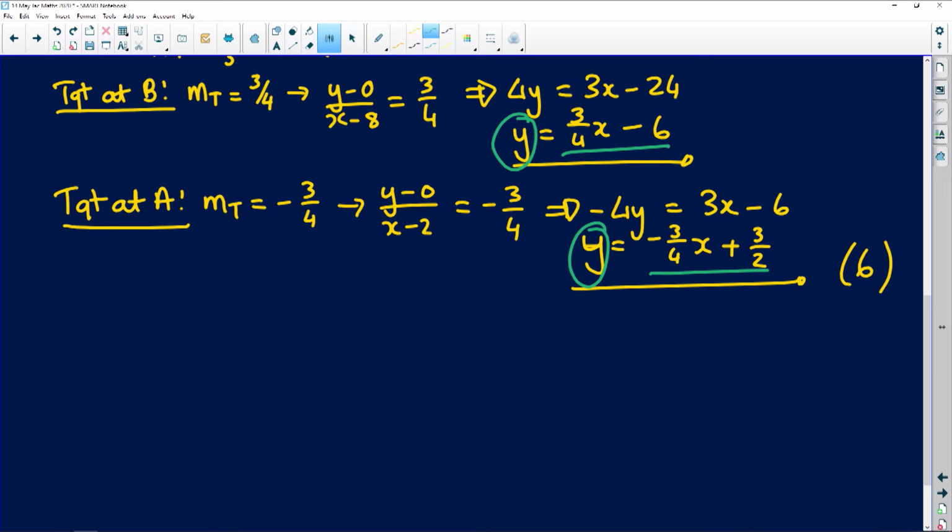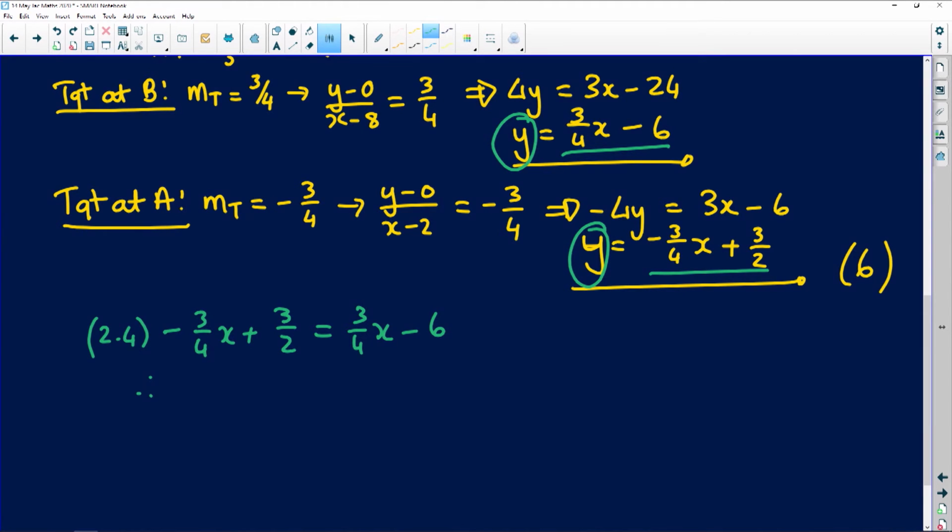So this is section 2.4 of this question. Minus 3 over 4x plus 3 over 2 has got to equal 3 over 4x minus 6, because at that point those two things are equal to one another. Now there's 2 things that bother me here.